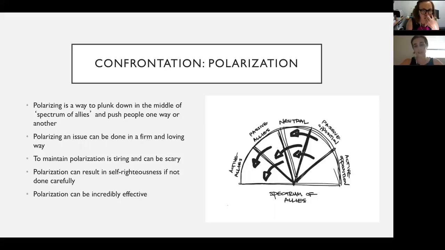So this is really important. You have a moment where you polarize about an issue, where you ask, which side are you on? Pick a side. Are you with us? Are you against us? But if you stay in that space without continued assessment, if you're not building sympathizers, like if there are not a good amount of passive allies moving to active allies, maybe even some neutrals moving to passive, if you're losing support rather than gaining and being seen as more insular, you're putting your core group in a lot of danger.